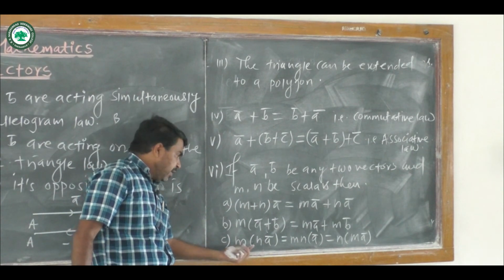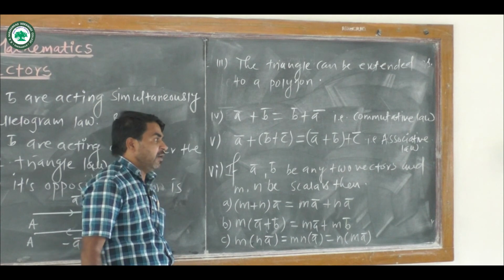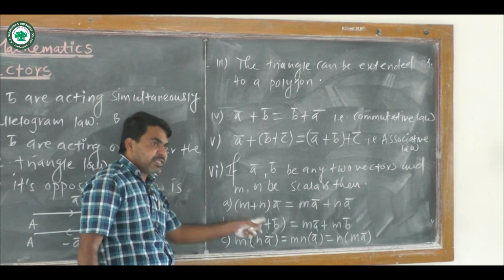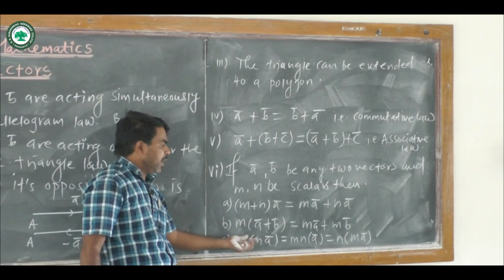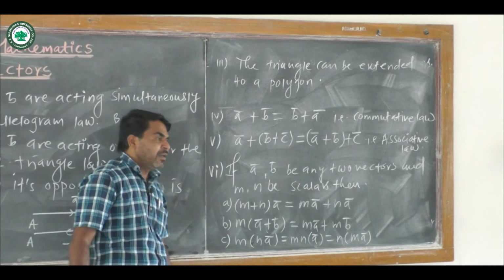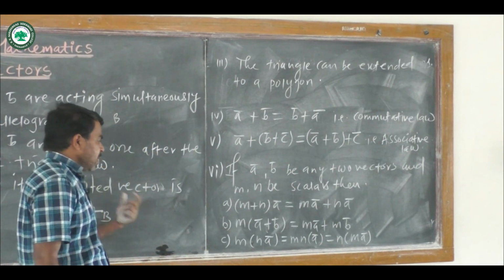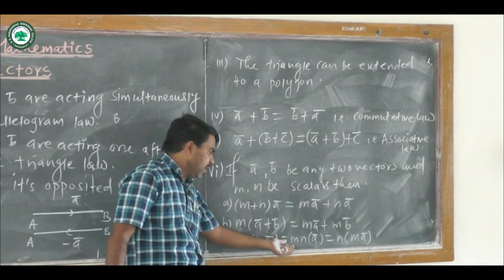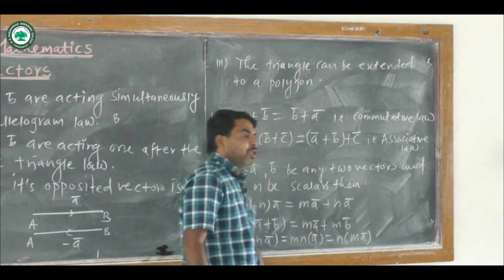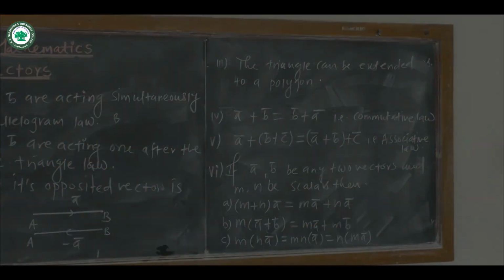It means here m and n can be interchanged. First we can take n inside the bracket, or m inside the bracket, or m into n outside the bracket. This is the sixth note or sixth property.